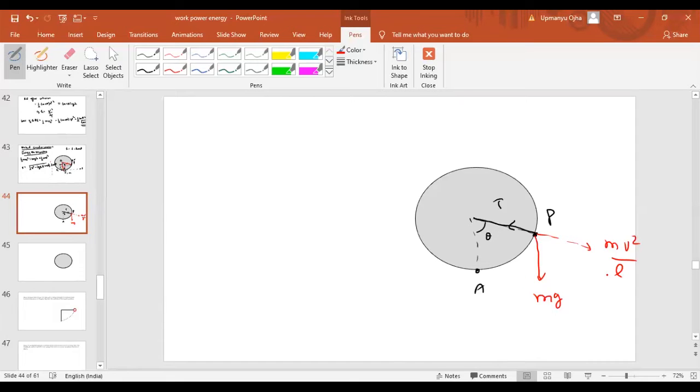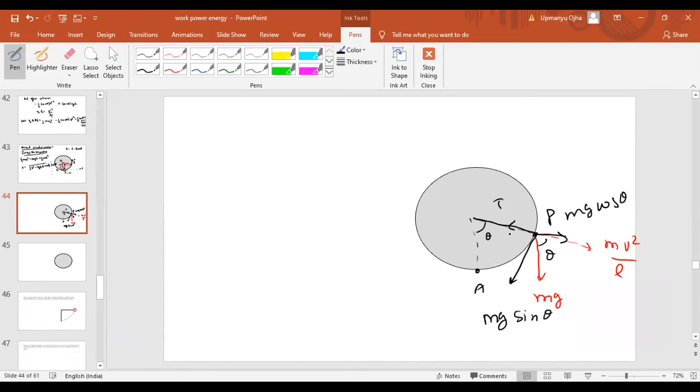R will be equal to L here. Now this mg will have two components. One will be along the circular motion, that is mg sine theta, and the other component will be along this direction, that is mg cos theta, because if you are taking this as theta, this would be again equal to theta.